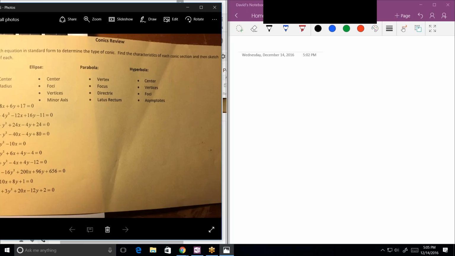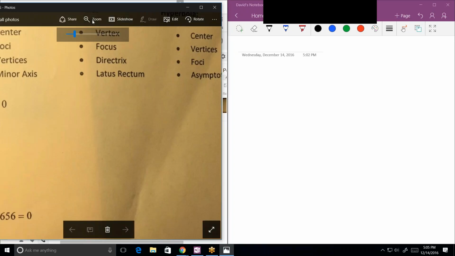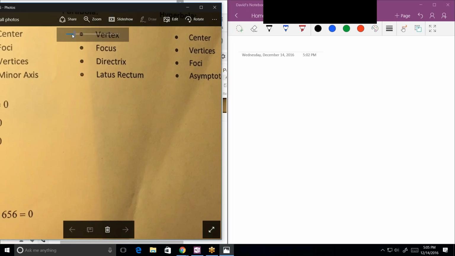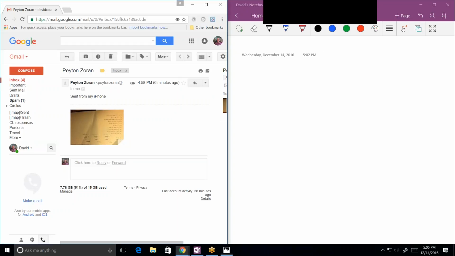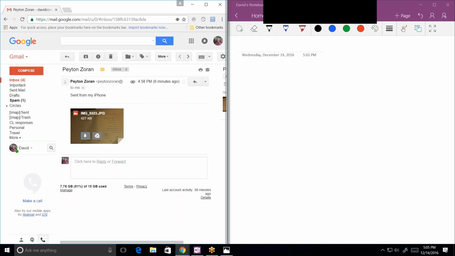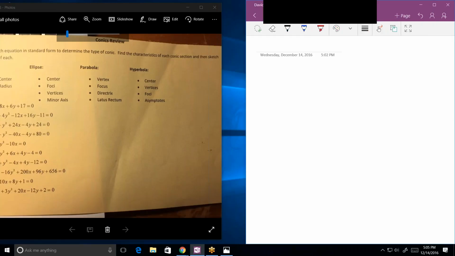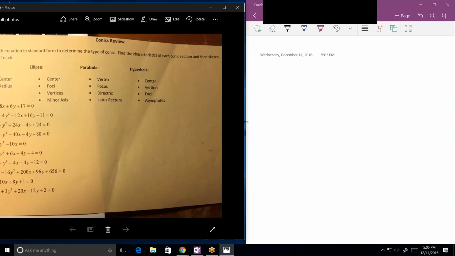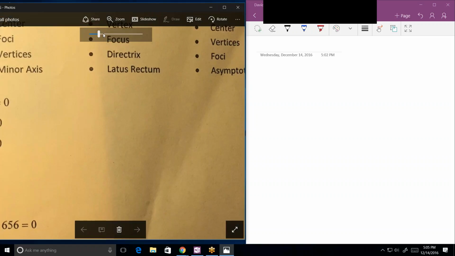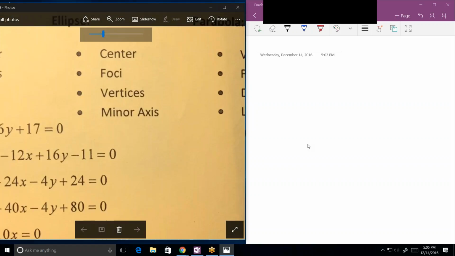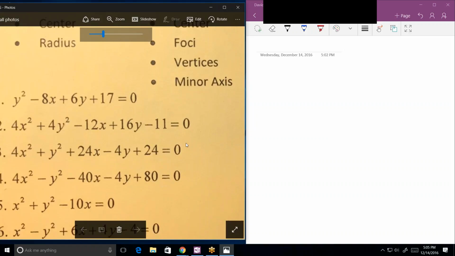Let me zoom down a little bit so I can, oh man, sometimes I hate Windows 10. I can't always move these pictures, and I never figured out why. I can move it now and get to the problem.